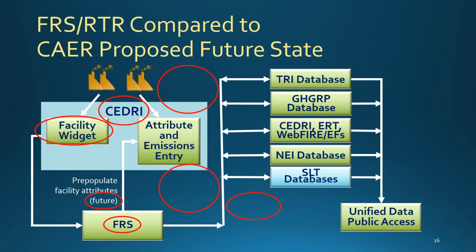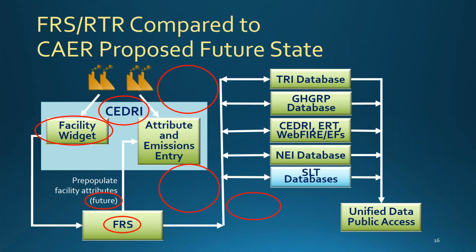If you look at the next slide, slide 16, what I've done here is I've highlighted some of the things and compared what we're doing with FRS RTR compared to this CAER proposed future state. This is not changing what we're doing on the CAER proposed future state. It's just trying to help illustrate what we've chosen to do to move the bar forward for CAER. So right now, for the purposes of this project, our portal that folks would use to access the facility information is CEDRI.